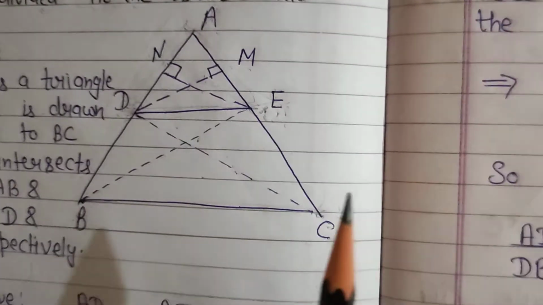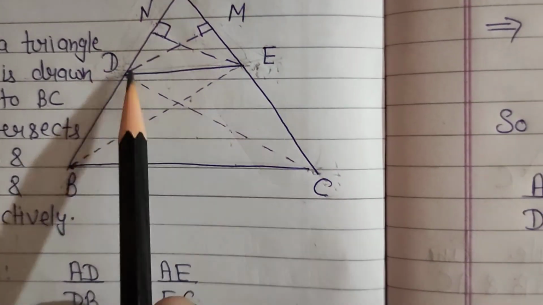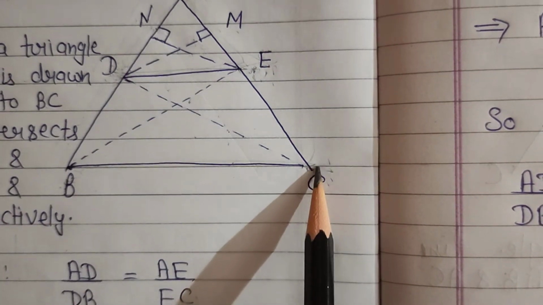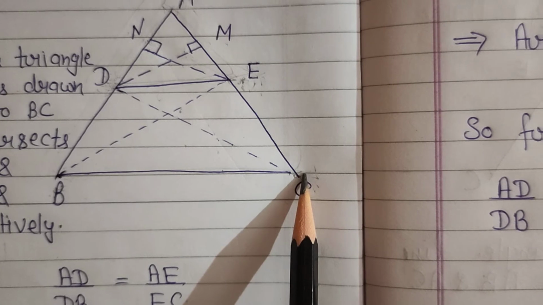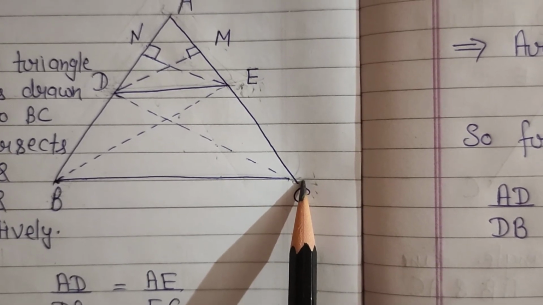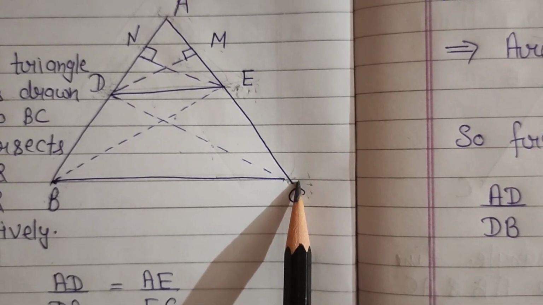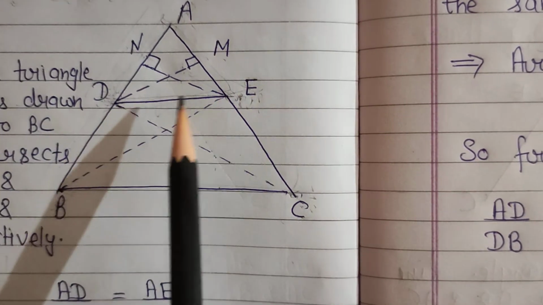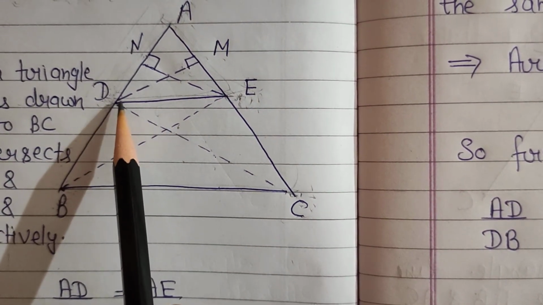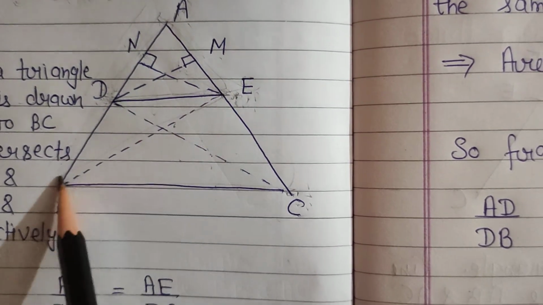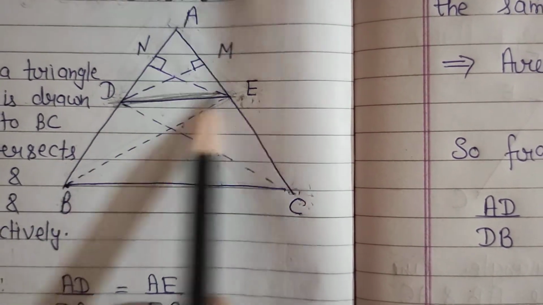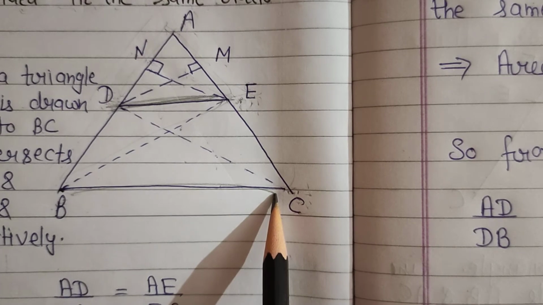Now see from here in the figure, DE is given parallel to BC. It is according to the given, and in class 9 we have read one concept: two triangles or more than two triangles, if they are on the same base and between the same parallels, then they have equal areas.